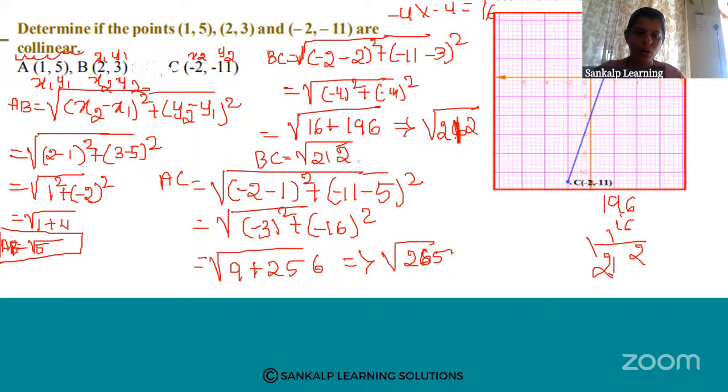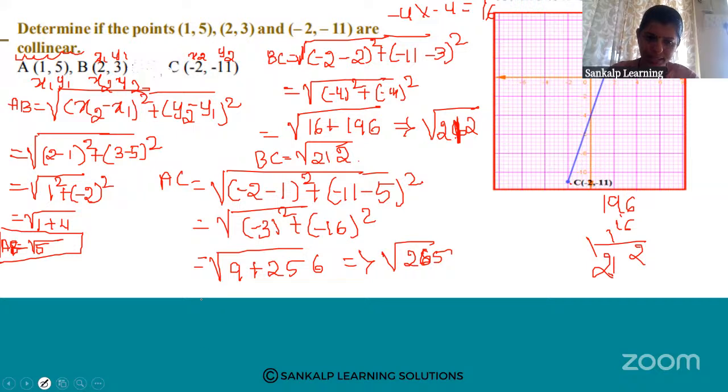265. Now, if the line is collinear, then the condition should be AB plus BC is equal to AC. Okay, then only if it satisfies this condition, then only these three points are collinear.